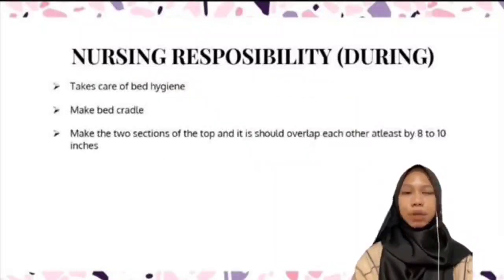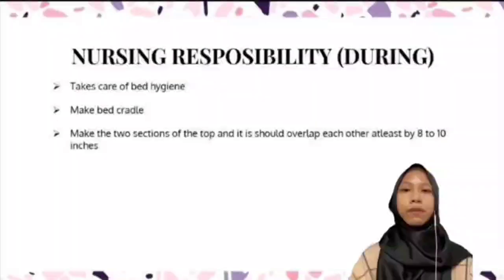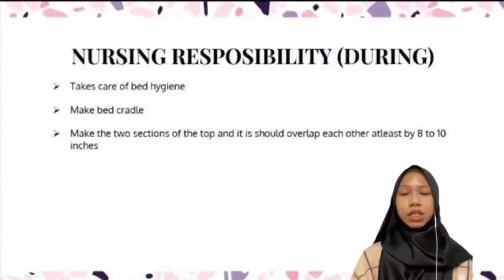Next, I will present about nurse responsibility during the amputation bed. Firstly, the nurse should take care of bed hygiene to prevent the transfer of microorganisms from the source to a new host by direct or indirect contact, or prevent the multiplication of microorganisms.